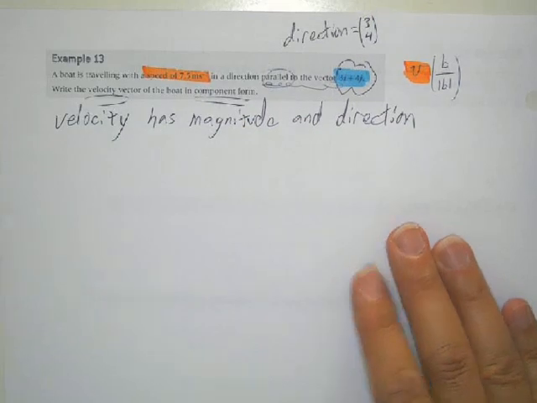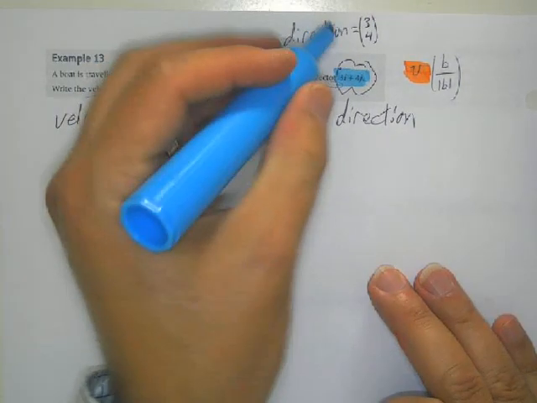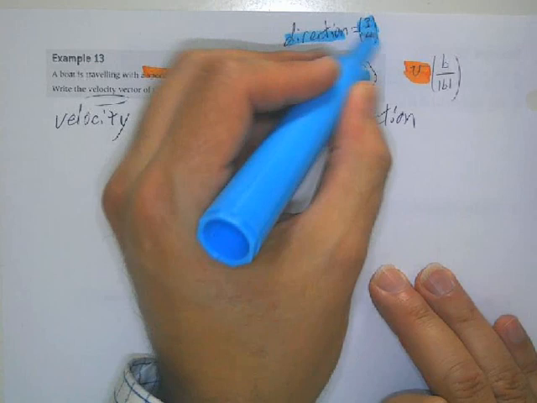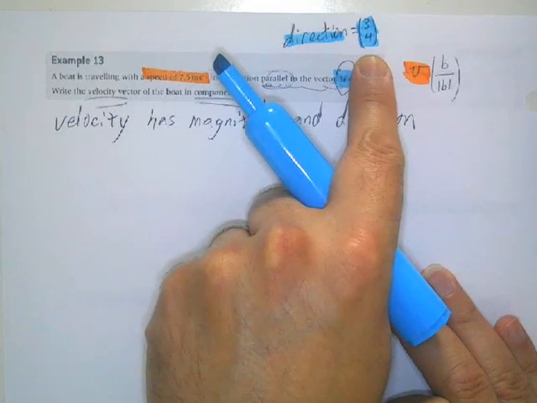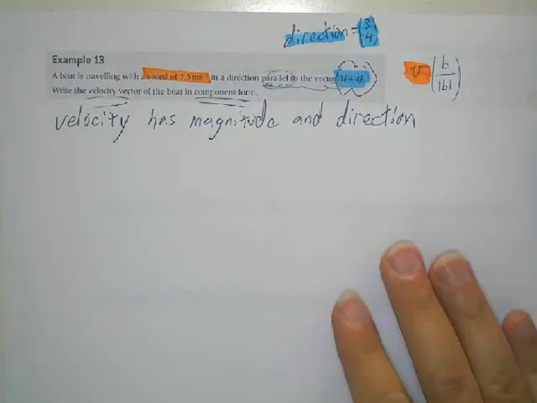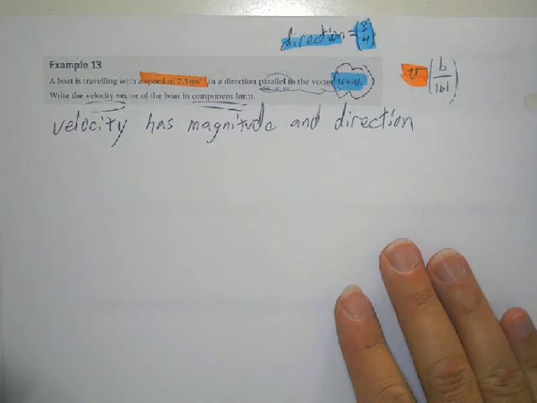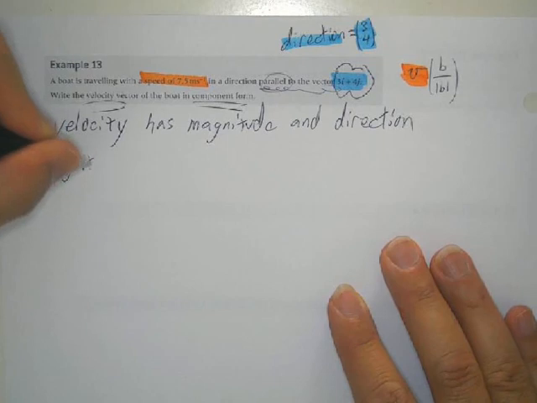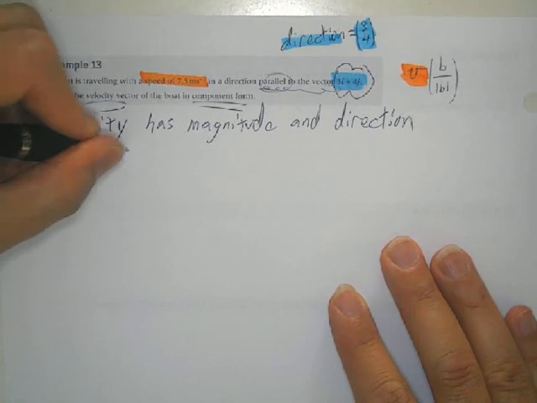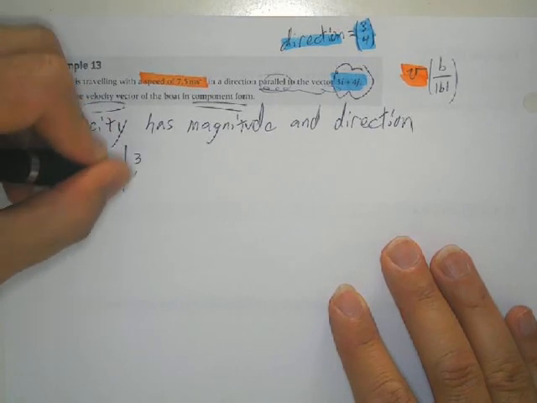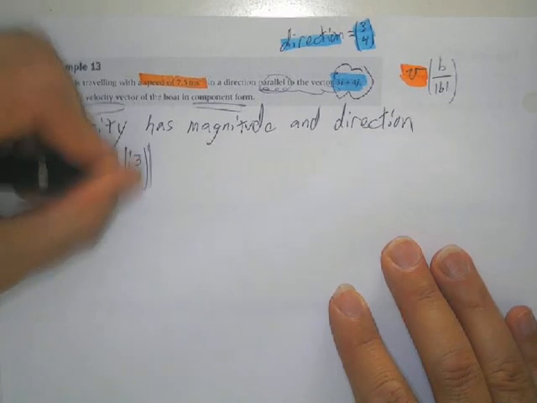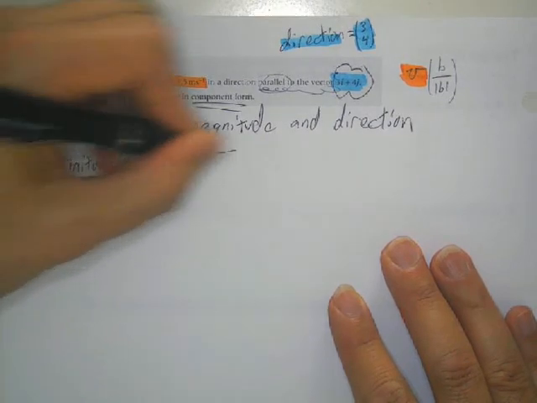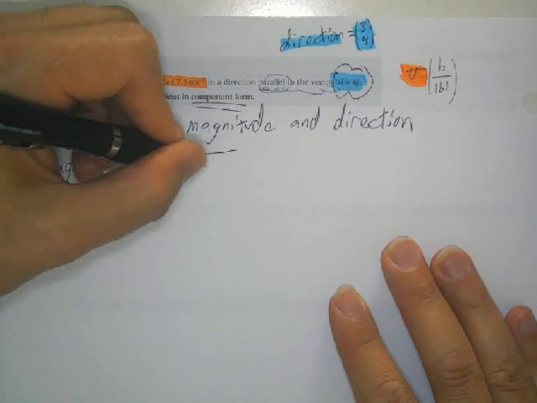But this does not have a magnitude or a length of 1. And how do I know that? Because I could figure out the magnitude. The magnitude of 3, 4 is equal to the square root of 3 squared plus 4 squared.